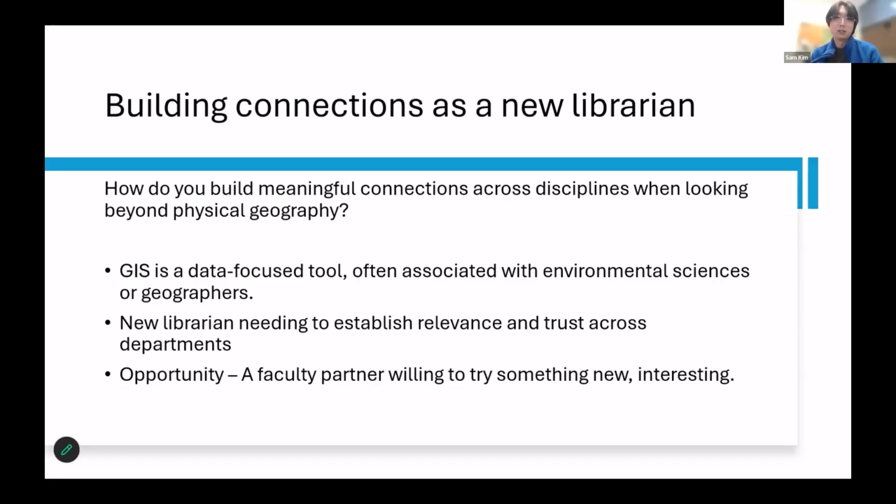Often it's associated with being data focused. And when you think of GIS, you might often think of geographers, environmental researchers, or data scientists, which for faculty that may work in the humanities, it can be a little more intimidating. So it's harder to get a bit of buy-in. On top of that, as the new librarian, I had to contend with the fact that I had pretty much no street cred at the University of Buffalo at that point.